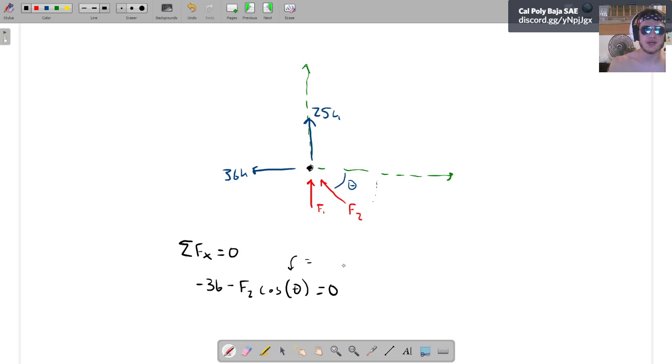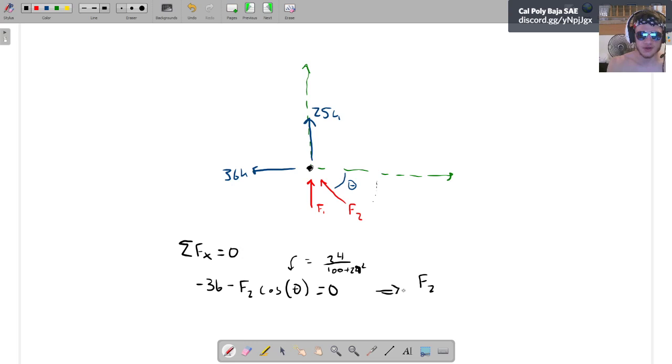Oh no, it'd just be 10 over 24, right? Yeah, 10 over 24. 10 over, oh, not 24. I did that wrong. That should be 24 over whatever 100 plus 24 squared is, right? Because this is our hypotenuse, this is our adjacent side. There we go. So from that, I now know what F2 is.